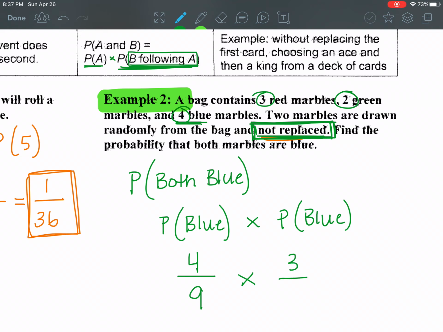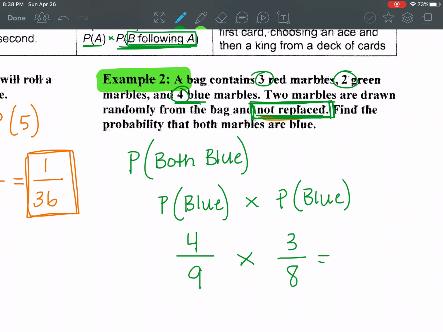We started out with 9 total marbles, but I have 1 blue marble in my hand, so when we go to draw that second marble, there's only 8 possible marbles in there. So you can see those bottom numbers changed and the top numbers changed. So that's a dependent example.